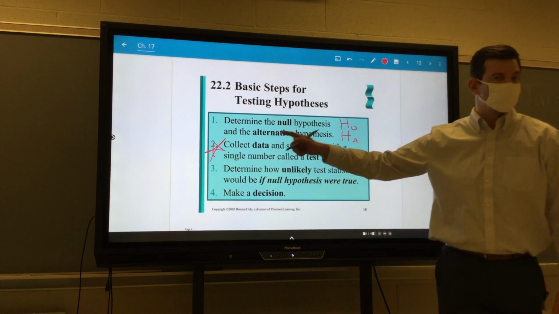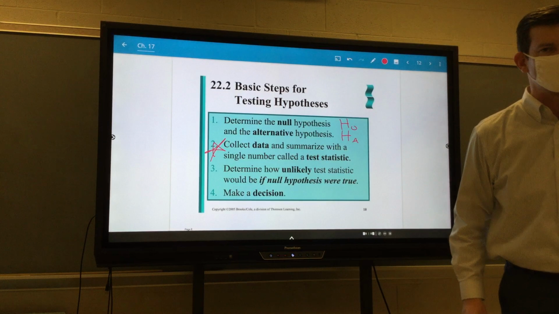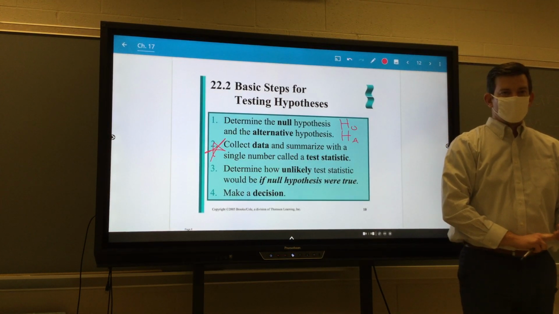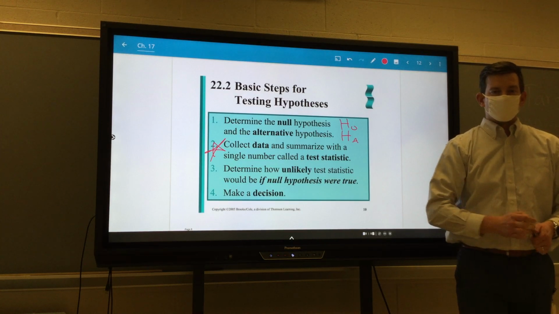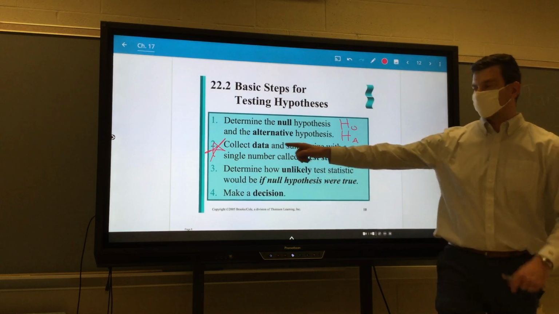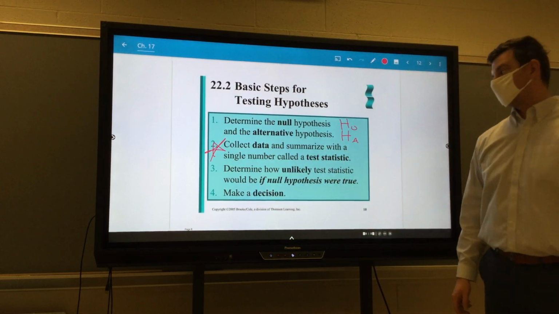There's a lot of work and effort that goes into that data collection in an authentic, accurate manner. So don't just brush it off as step 1, step 2, step 3, step 4. Most of the grunt work is on step 2.